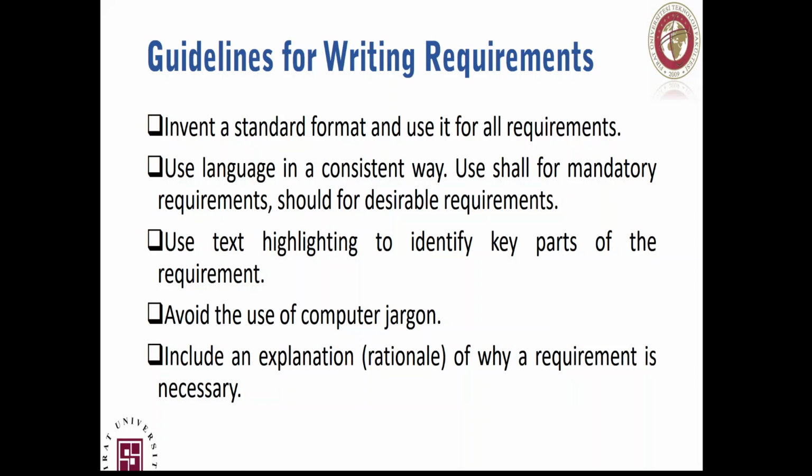If you are going to use shall and should, you should use both of them in a consistent way: shall for mandatory and should for desirable or recommended. Also, we can use text highlighting, bold or italic, for key parts of the requirements, or sometimes explanatory statements about requirements and so on.